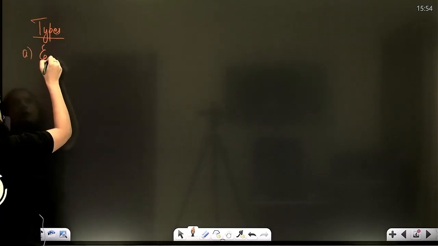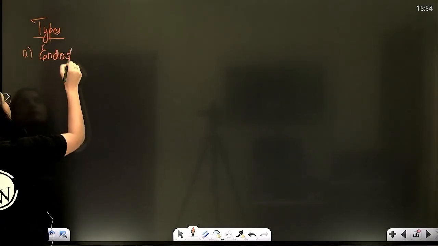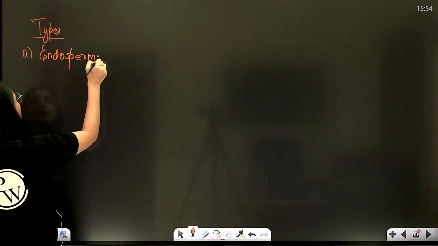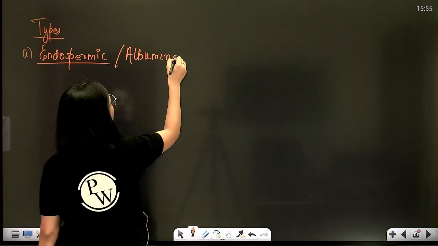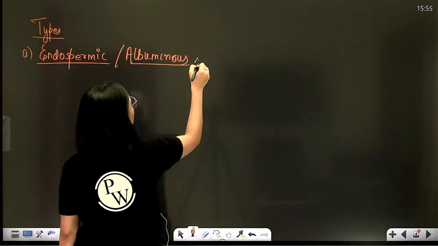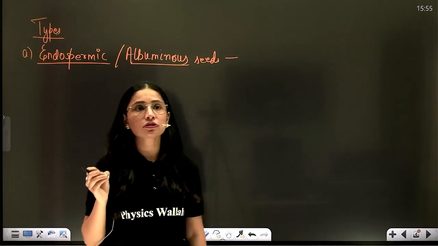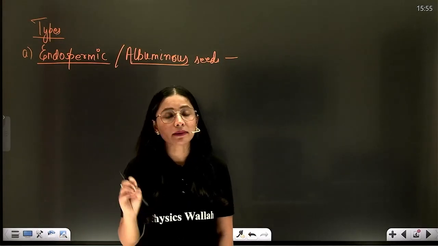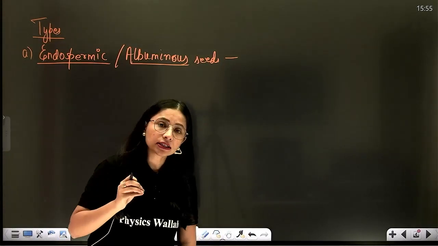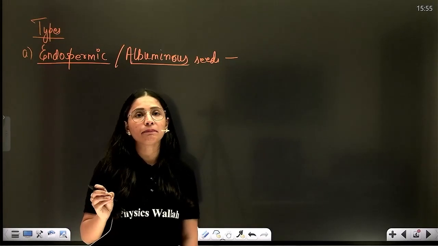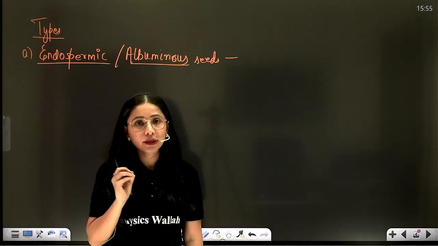Number A is endospermic, also known as albuminous seeds. The seeds in which endosperm is persistent because it is not consumed in the development of embryo.